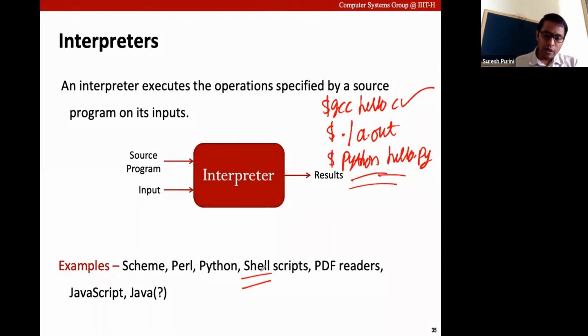There is no explicit compilation step, and your program is directly interpreted by the corresponding language interpreter. In this course, we will not study much about interpreters, but the ideas that you learn in designing compilers are very well applicable to interpreters.